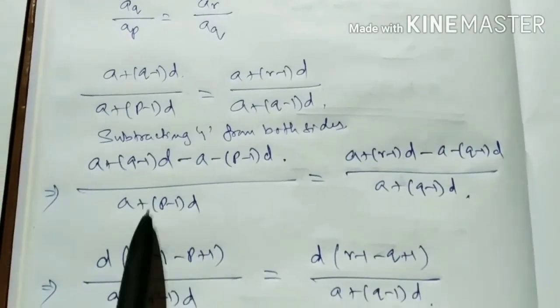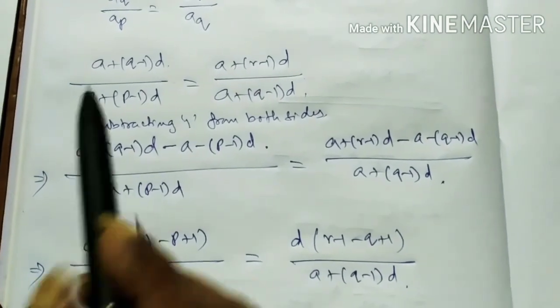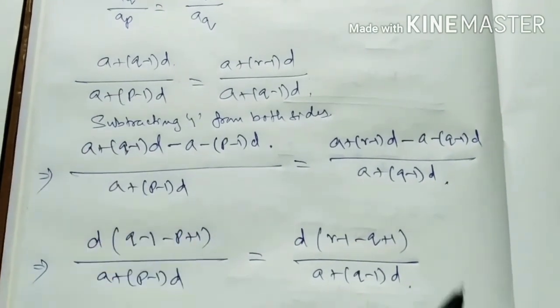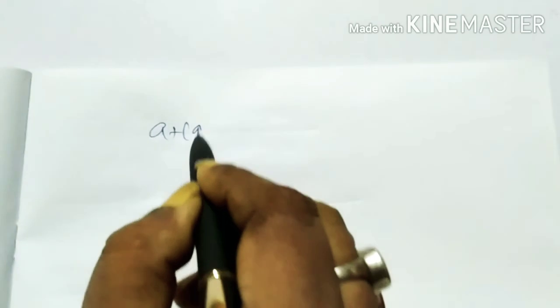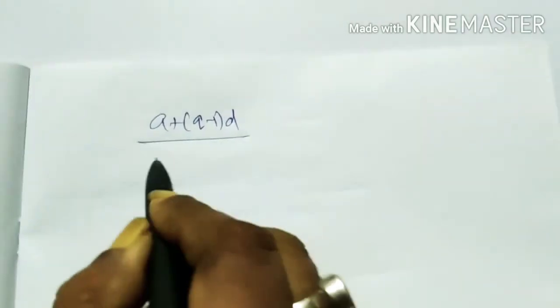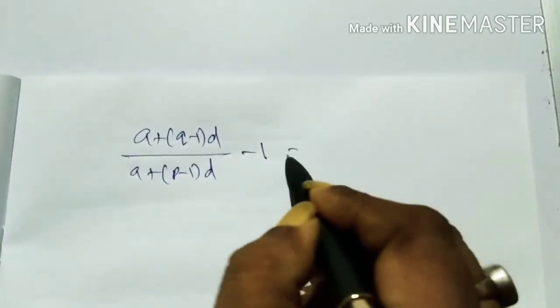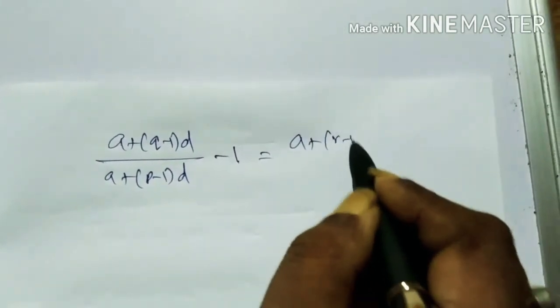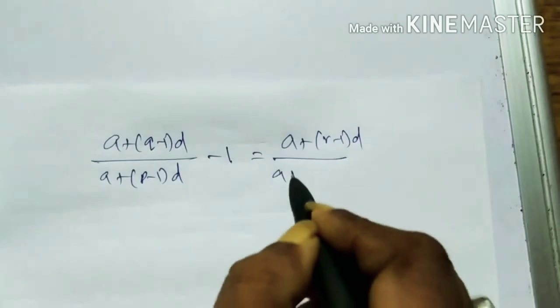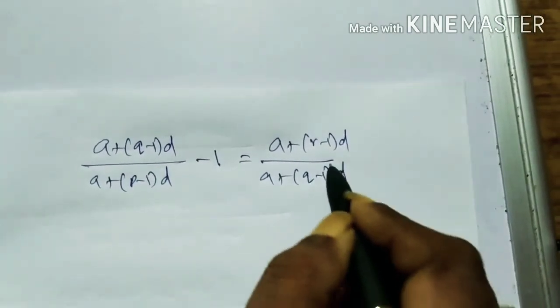So when I subtract it from both sides, this will become: A plus Q minus 1D by A plus P minus 1D, minus 1, is equal to A plus R minus 1D by A plus Q minus 1D, minus 1.